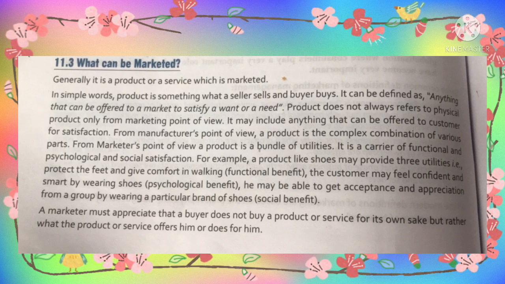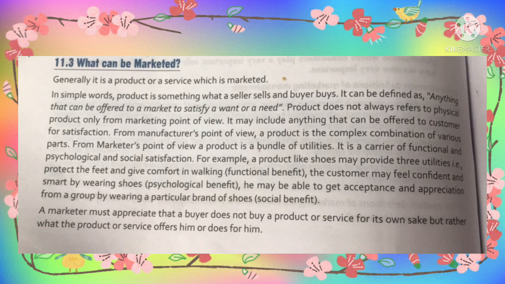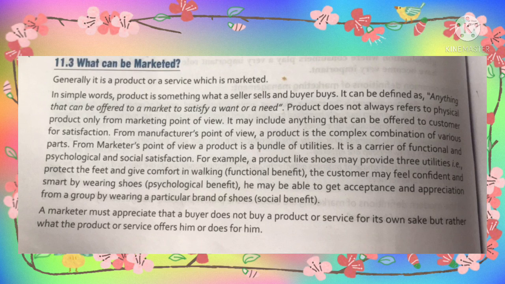From a marketing point of view, a product does not always refer to the physical product only. It may include anything that can be offered. It's not only about the product, but we can also offer anything to the customers to satisfy them.